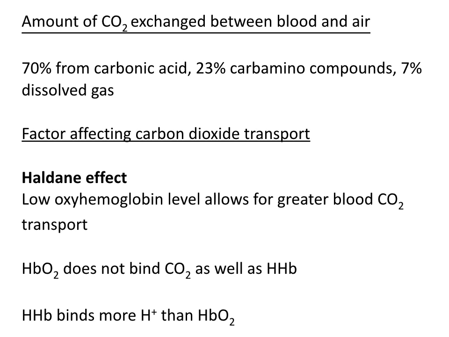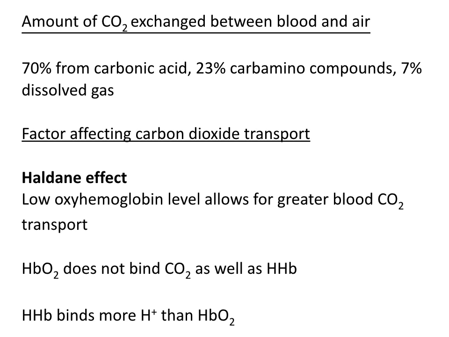So 90% of your CO2 is transported as bicarb, but only 70% of the CO2 moving into your air comes from that bicarbonate. 23% of the CO2 in your alveolar air actually came from a carbamino compound, and 7% came from dissolved CO2 gas. So what this means is your blood gives up dissolved carbon dioxide and CO2 from your carbamino compounds more easily than the CO2 that's being carried as your bicarbonate.